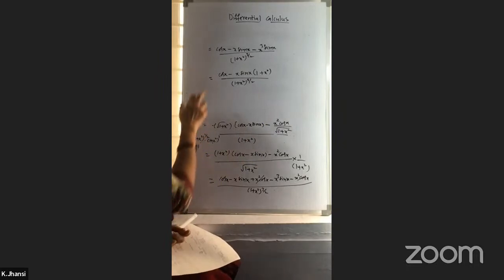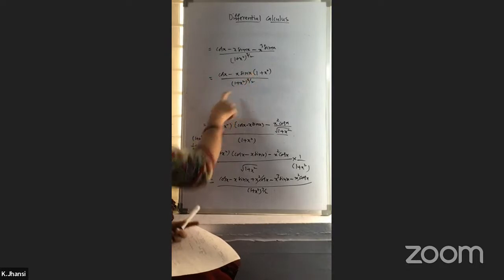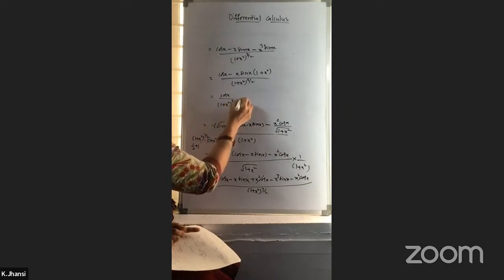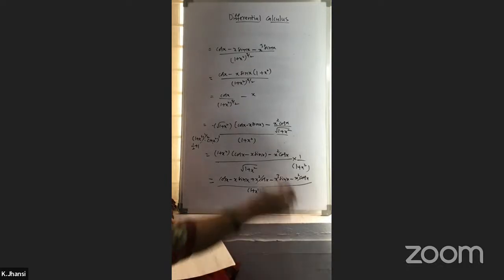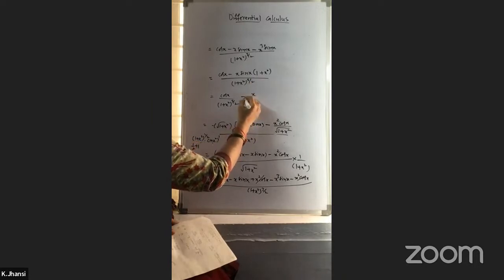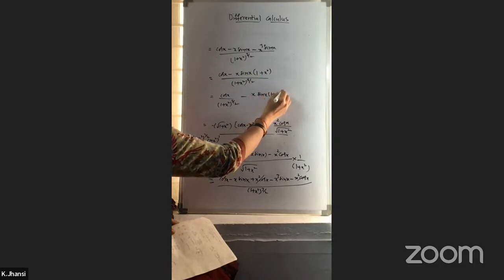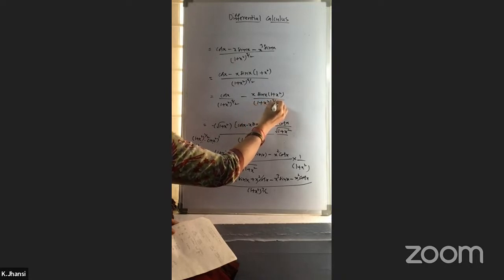And again, you can write this one. You can split this one, that is cos x by this one, and this part by this one. Okay, that is cos x by 1 plus x square to the power of 3 by 2 minus x sin x into 1 plus x square by 1 plus x square to the power of 3 by 2.